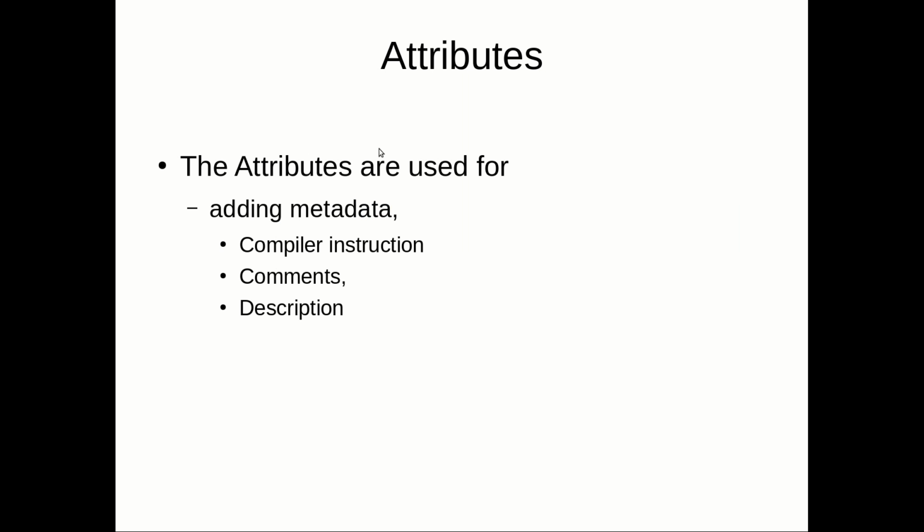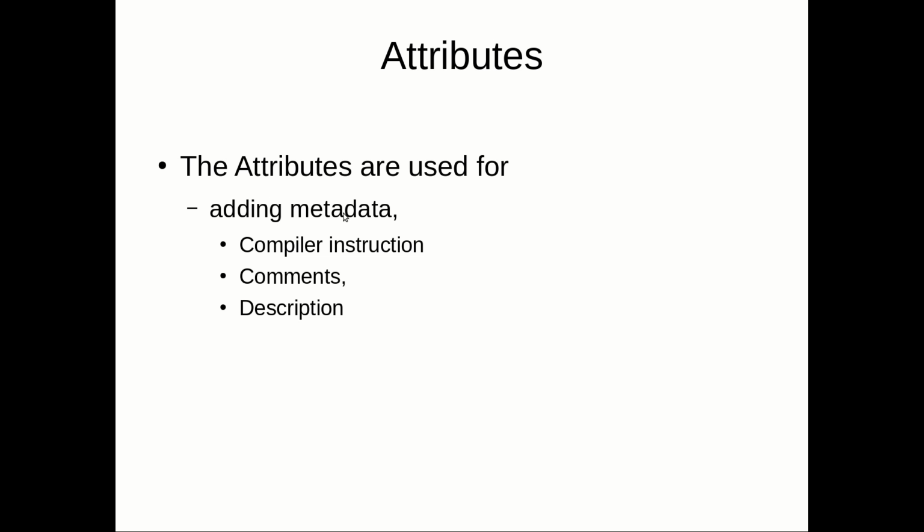Now when you say attributes, these attributes are generally used for adding metadata. Now when I say metadata, what kind of metadata can I add? Say you want to give some compiler instruction for the program element, then I can make use of an attribute. Or you want to give some comments to the methods or the classes that you have in your program, then you can make use of the attribute.